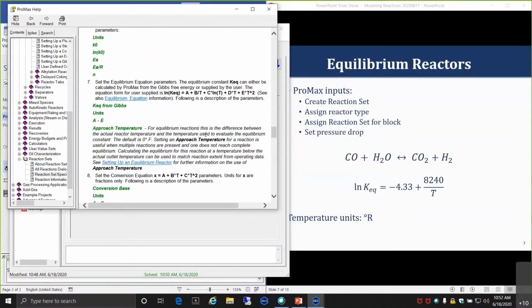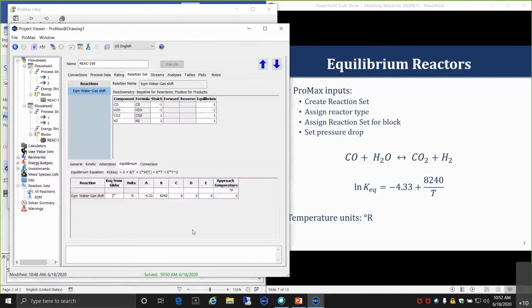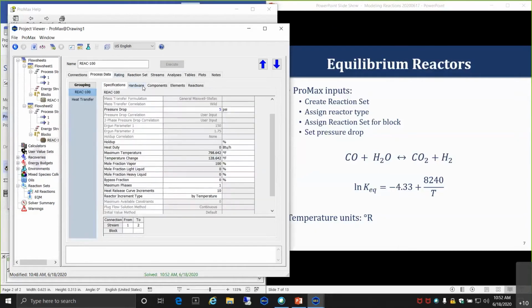If this is an exothermic reaction, you are actually going to have higher conversion than what you would expect, because the equilibrium is going to be modeled at a lower temperature than what you are actually seeing. So if I set my approach temperature here to 10 degrees, I should get a higher conversion than what I had before.